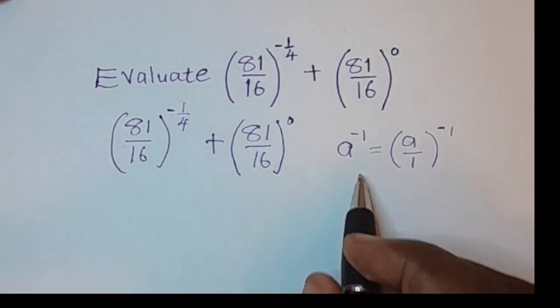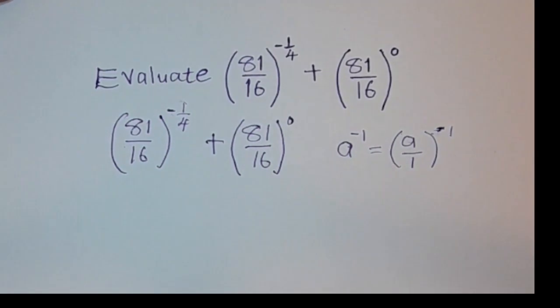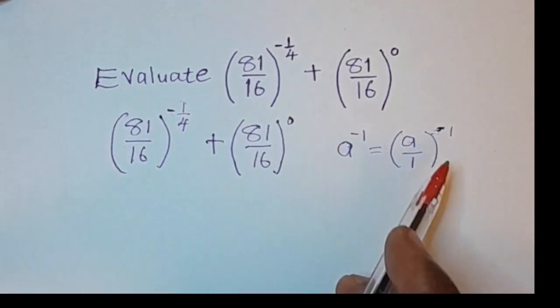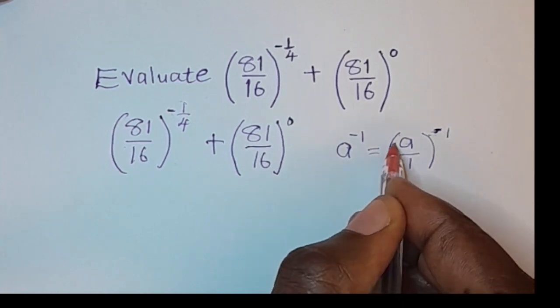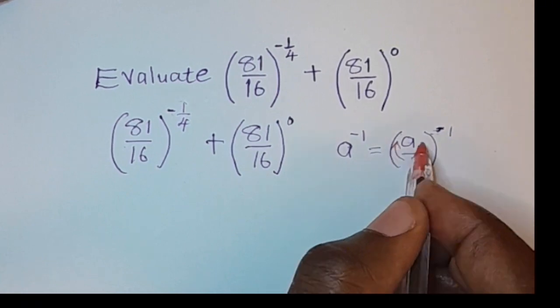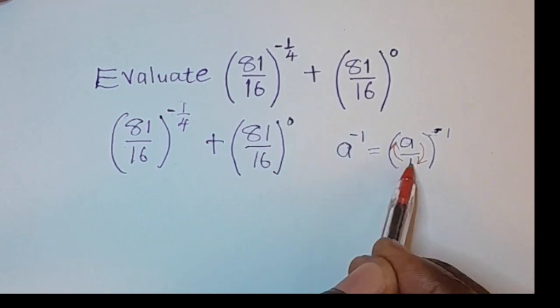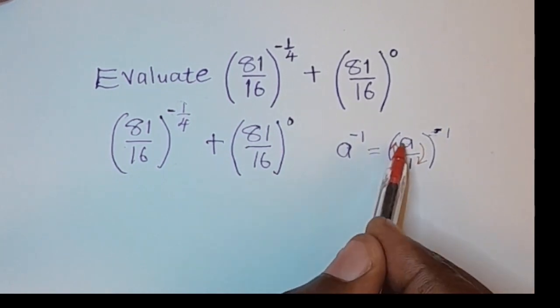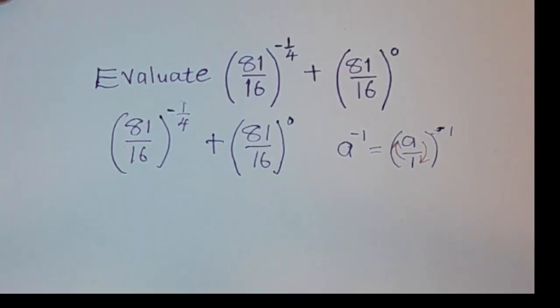How are you going to make the negative exponent positive? You swap the denominator with the numerator. You change the denominator to become the numerator and the numerator to be the denominator.